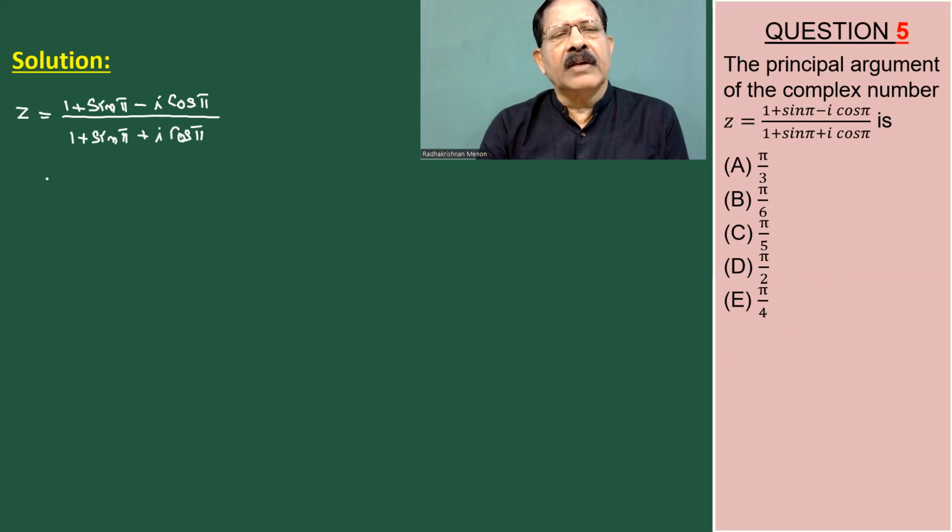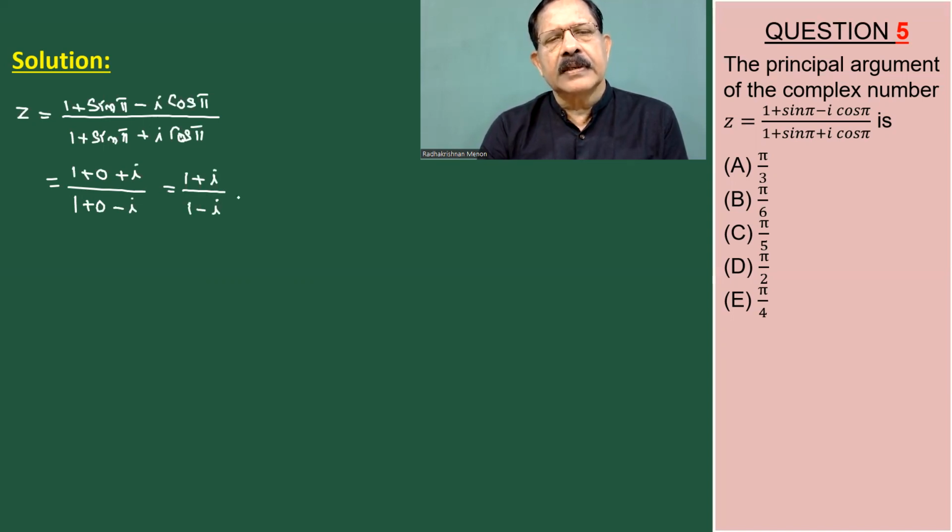So put the values of sine pi and cos pi. In the numerator, 1 plus 0, plus i, because cos pi is minus 1. In the denominator, we have 1 plus 0, so minus i. So 1 plus i divided by 1 minus i, the result is equal to i.